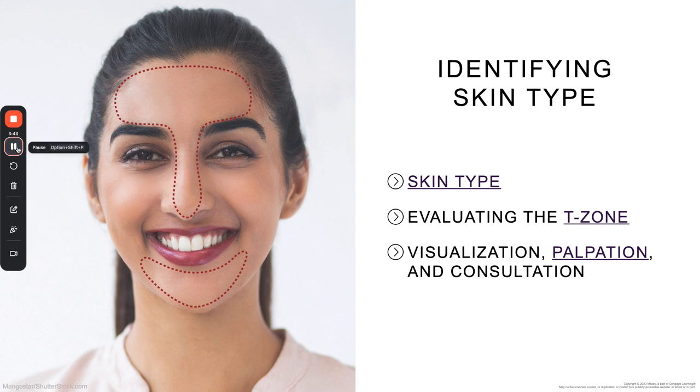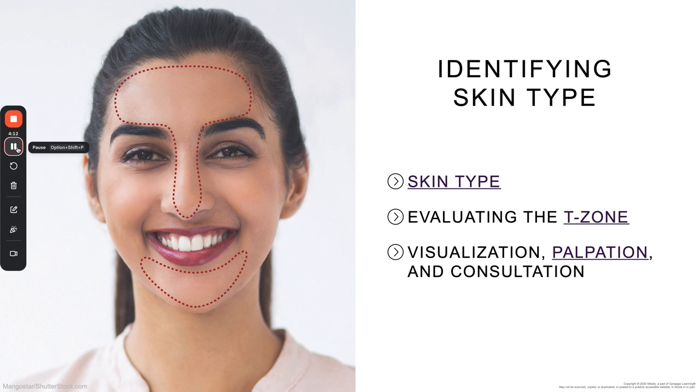In terms of visualization, palpation, and consultation, just know that palpation is how we examine the skin through touch, manipulating it to determine conditions such as oiliness and elasticity. And we use consultation, conversing with our client to determine the lifestyle and dietary issues that may impact their skin.